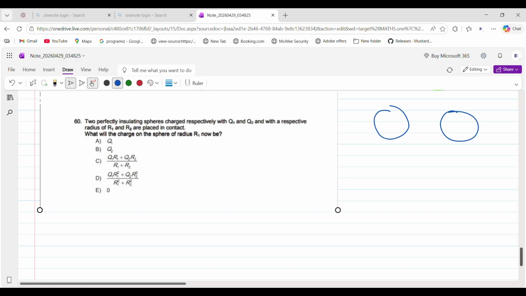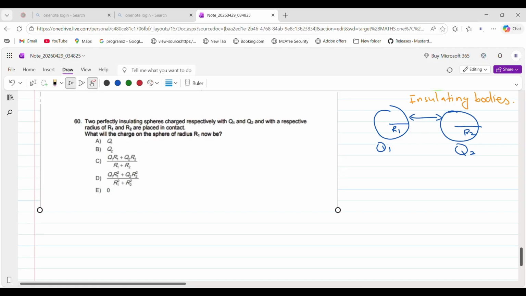Okay, they have charges Q1 and Q2 and respective radii R1 and R2, and are placed in contact. See, they are now in contact, but they have already mentioned these are insulating bodies.